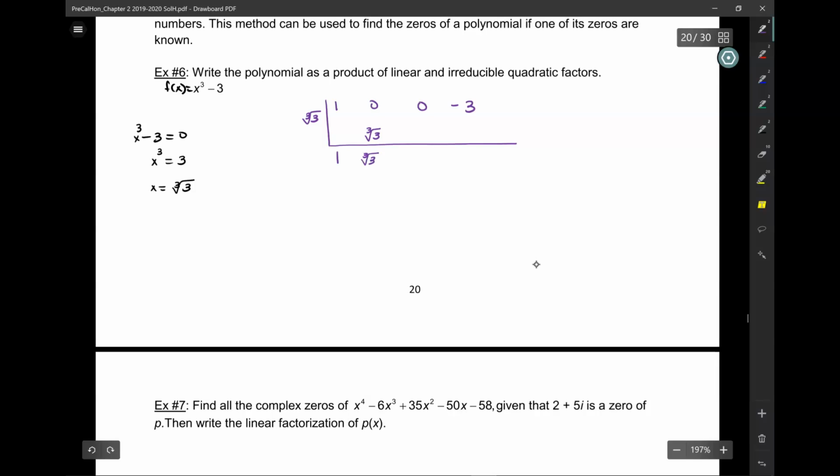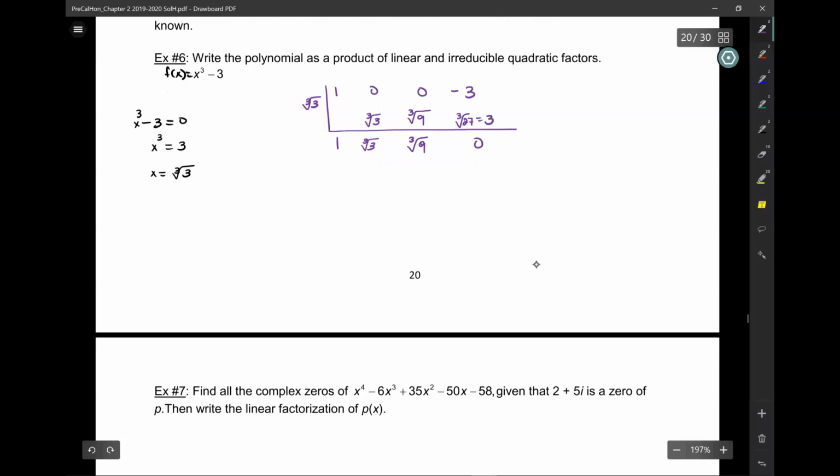So I add and I get cube root of 3. Now, I multiply cube root of 3 by cube root of 3, and I get cube root of 9. Multiply cube root of 3 by cube root of 9, I get cube root of 27, which is 3. Add, I get 0. So, yay, obviously, because that was a zero.